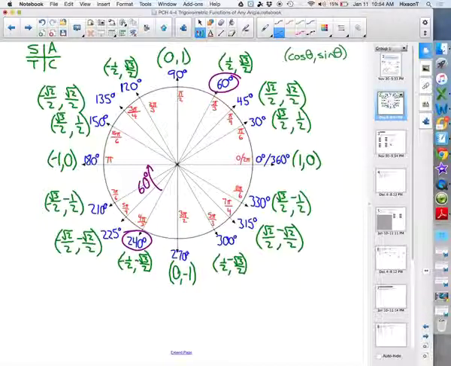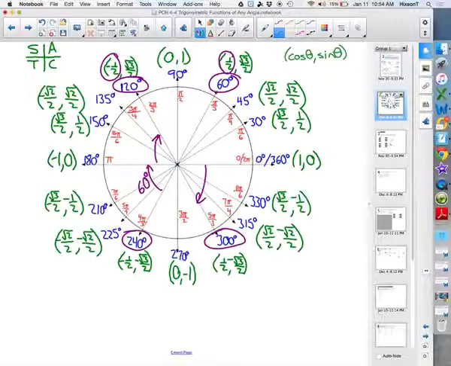What other angles have a reference angle of 60? 120, 300. Good. So here's 60 and here is 60. There's our reference angles. And notice the coordinates for all of these. You guys kind of observed this as we were developing it, that the coordinates were repeated, just the signs were different. So look at our cosines.